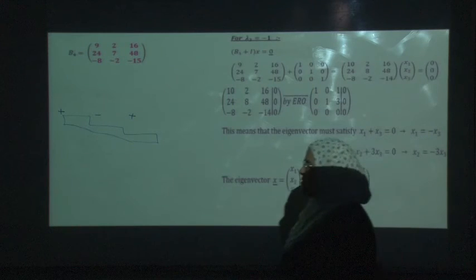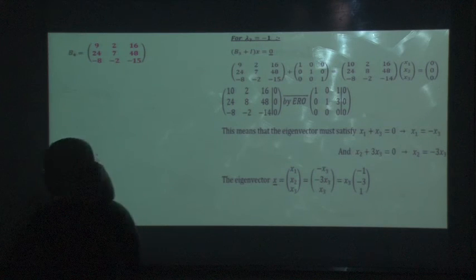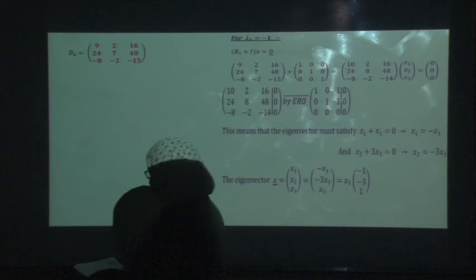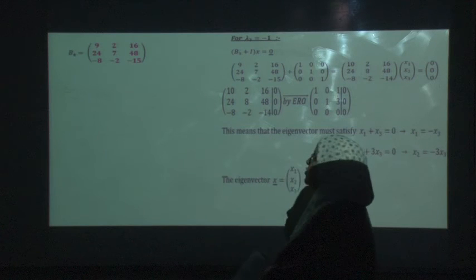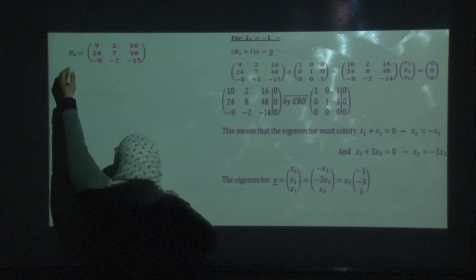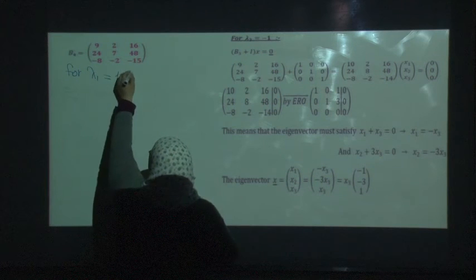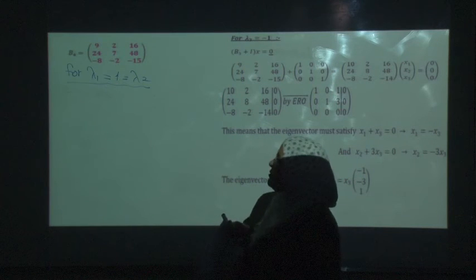Getting their eigenvectors, let's do one together. For lambda 1, if you remember, we had the 2 lambdas, 2 identical lambdas, which were 1. So we have to indicate for lambda 1 equals 1, and it was the same as lambda 2. So we will work for the first 2 eigenvalues.